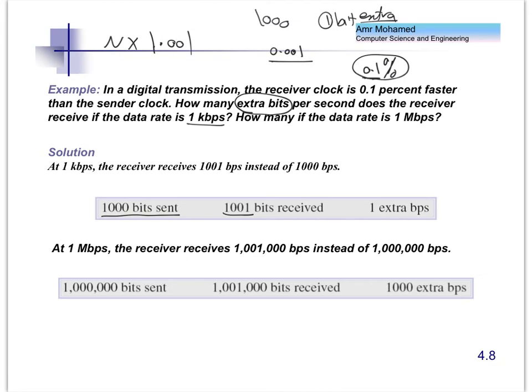So if you send n bits, you get the n bits plus 0.001 of these bits. So for each 1000 bits, you have 1 extra bit. That makes it 1001.